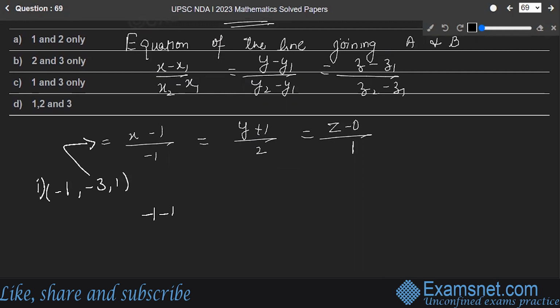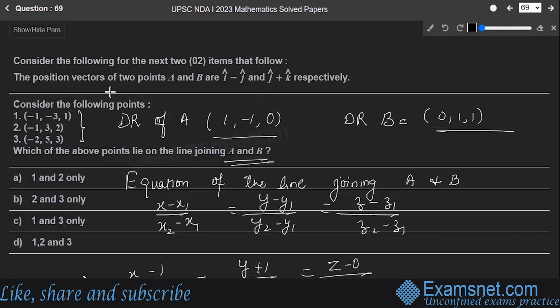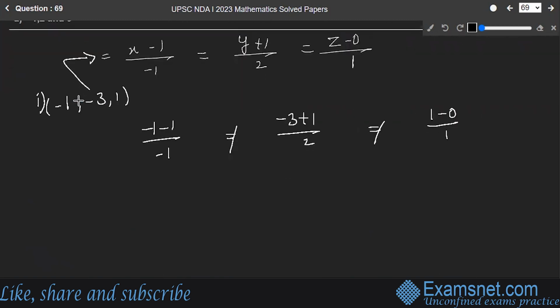Minus 1 upon minus 1 should equal minus 3 plus 1 upon 2, which should equal 1 minus 0 upon 1. Of course they are not equal, they are all different. That means this point does not lie on this line. Let's check the second one: minus 1, 3, 2.